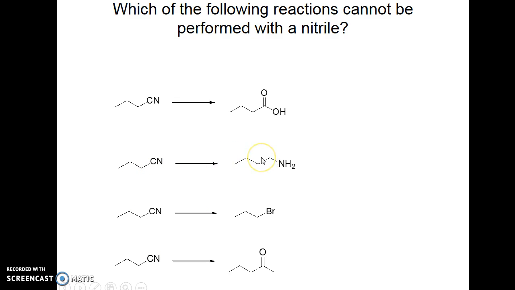Well, we've learned we can do that with lithium aluminum hydride. Can we take a nitrile to a bromide? Well, we've learned how to take a bromide to a nitrile, but we don't know how to take a nitrile to a bromide. Can we take a nitrile to a ketone? Well, this we could do with methyl magnesium bromide. So the answer here, the one that we cannot do, is this.